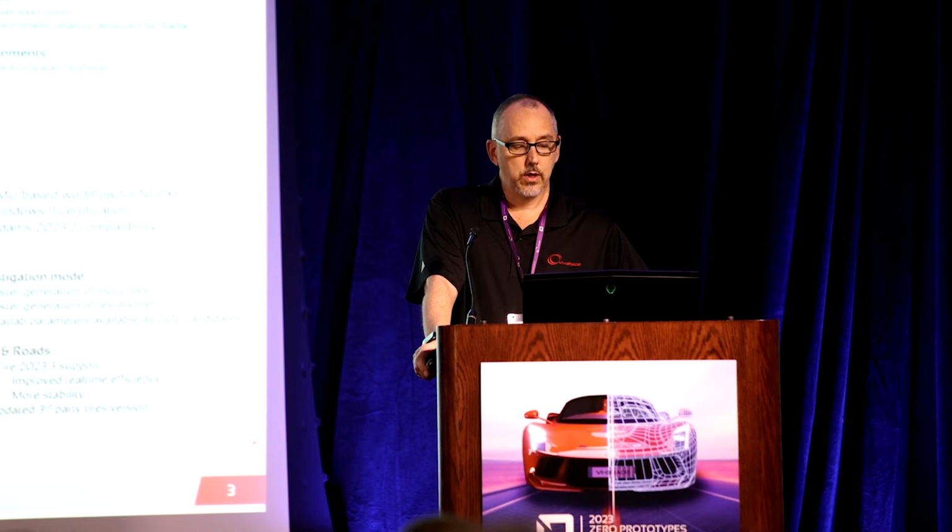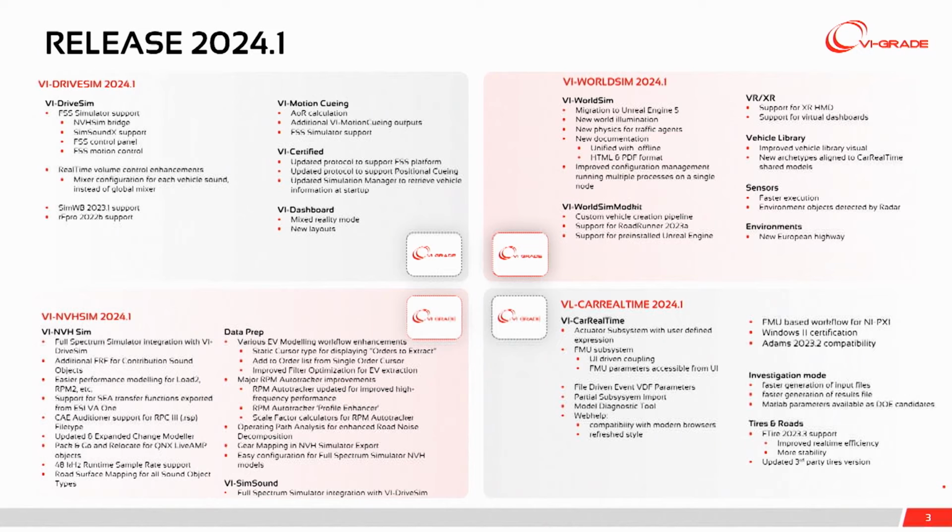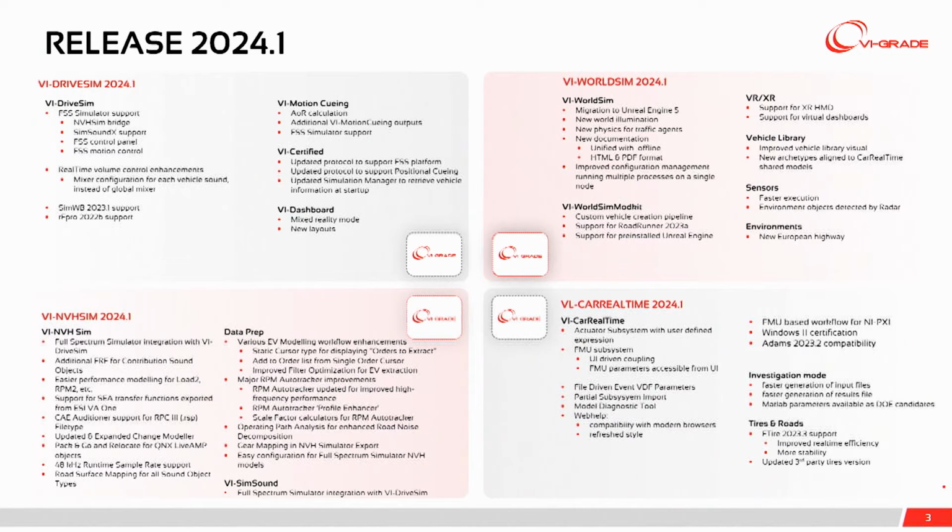So the 2024.1 release is a combination of software that is mostly related to, but not limited to, running on simulators, and it breaks up into 4 categories, which I'll cover a couple slides on each one, starting with VI-Sim, then I'll talk a little bit about WorldSim, this NVH Sim solution, and then VI-CarRealTime.